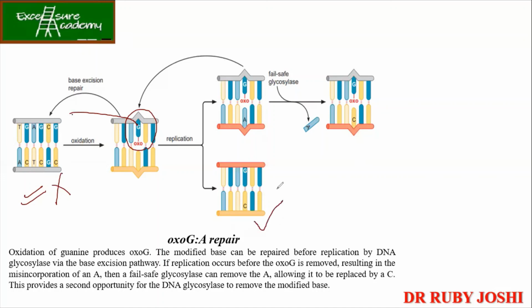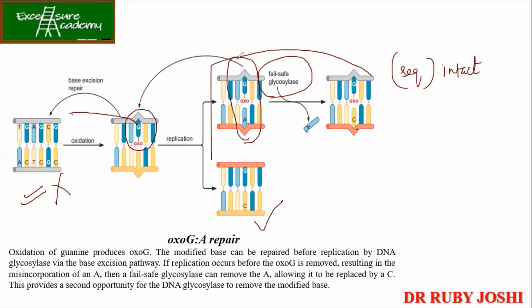You are going to have one strand normal, and the other one is going to have base pairing of G-oxo with A. Now this distorted base pair will be recognized by another enzyme called fail-safe glycosylase. This fail-safe glycosylase will remove the A and have C inserted. Okay, at least the sequence is intact. Correct? Then again, it will go back to base excision repair, so your G-oxo will be removed then. Now is it clear?